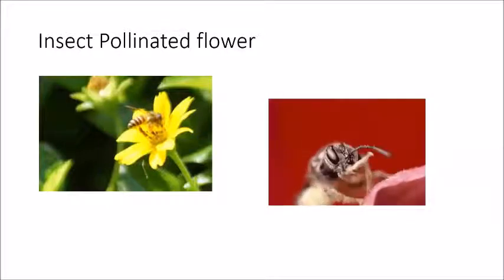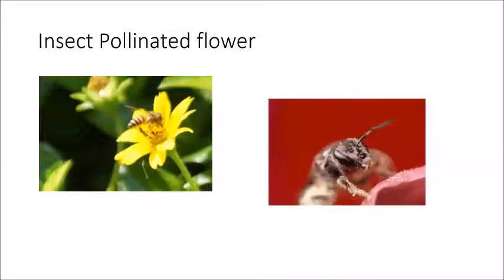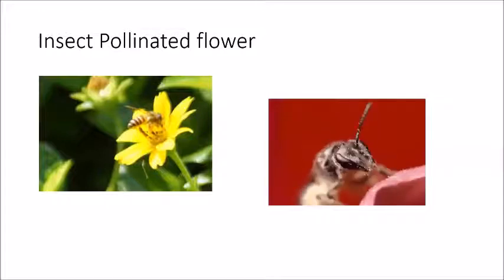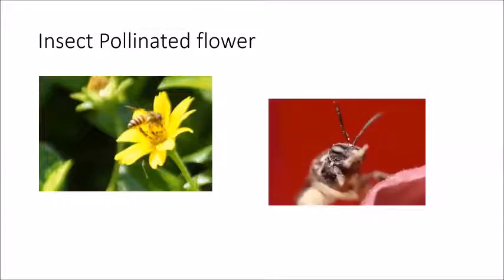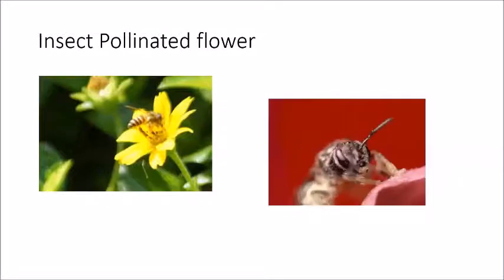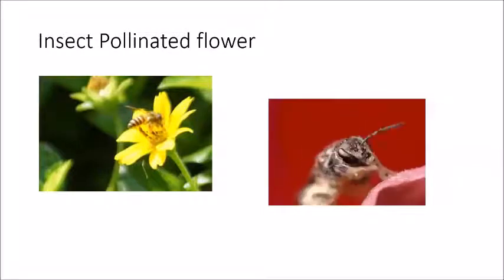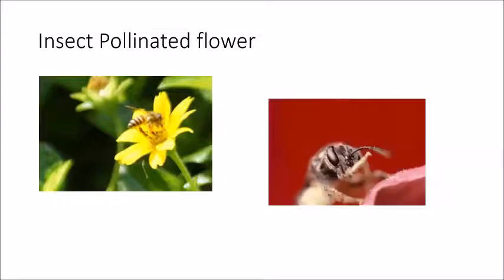Okay, and in addition to that, this flower is going to be creating nectar. So the bee, for example, is going to be attracted to this nectar so that it can feed on it. All right. So now that the plant has attracted this insect, it's going to have a number of other adaptations to make sure that insect is going to carry its pollen grain.